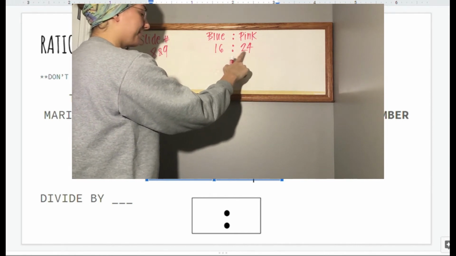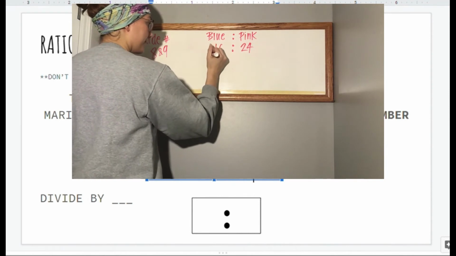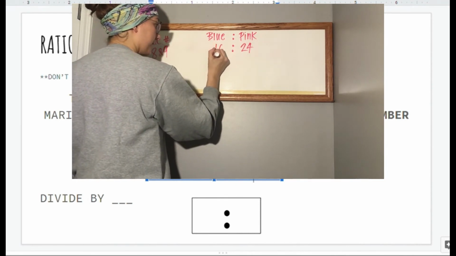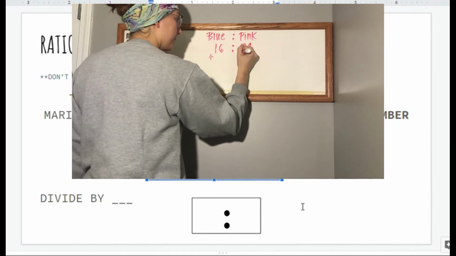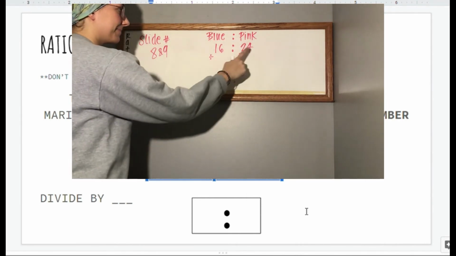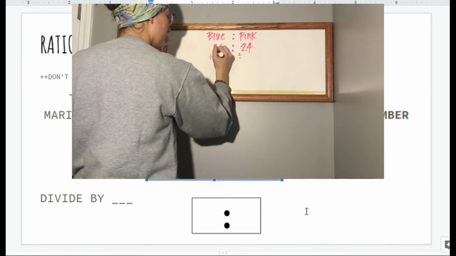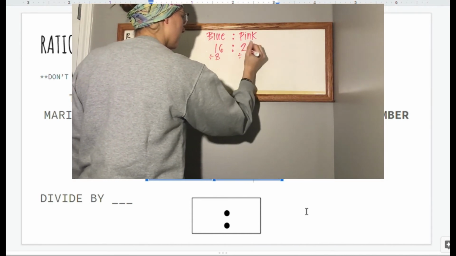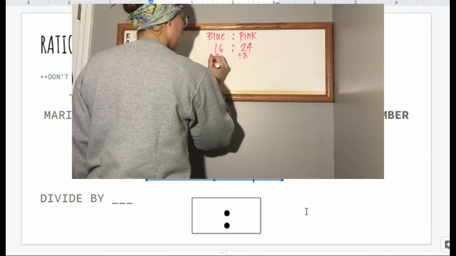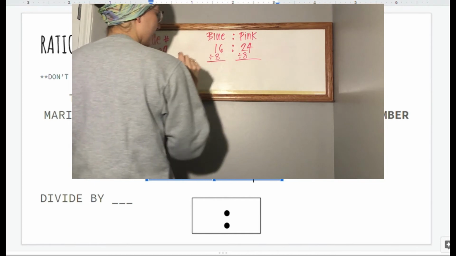But we're not done because we need to simplify this ratio. So whenever we're simplifying, we need to figure out what is the largest number I can divide both 16 and 24 by. If you need a multiplication chart, you can have that in front of you right now. So what number can I divide 16 and 24 by? That number is 8.